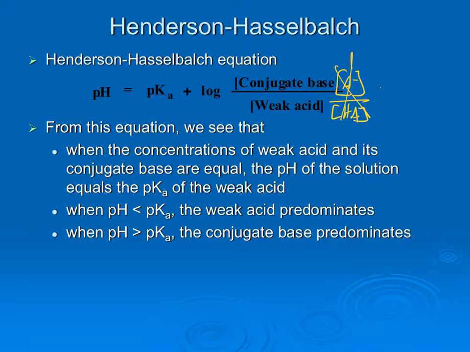And the log base 10 of 1 is what? 10 to what power is equal to 1? 0. So that means this entire thing is 0. And so that means that the pH and pKa are the same. And so if pH and pKa are equal, that means you have equal concentrations of the conjugate base and the acid.